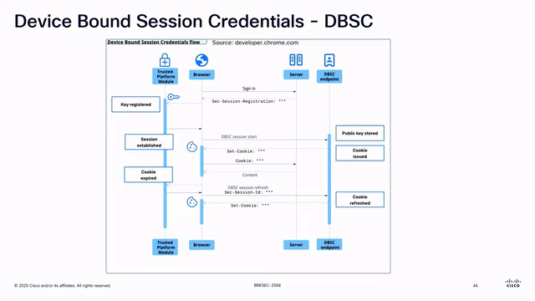Now, this is how it works. Both ends, the browser as well as the server, enable the DBSC. And what happens is that the server sends registration information to the browser, where to register the keys, but also a challenge. Now, this starts a public-private key generation process at the client.